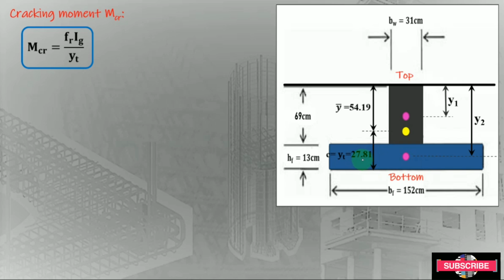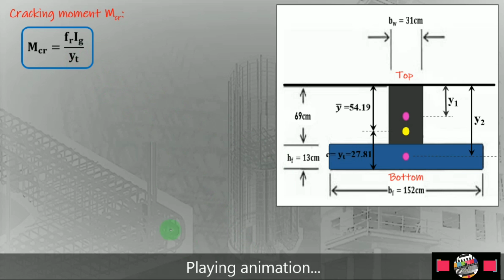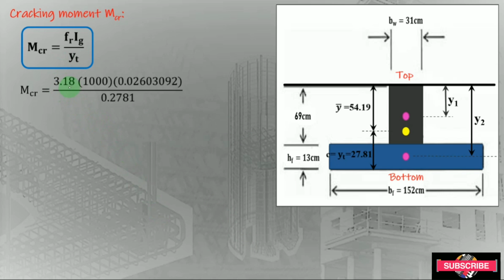That is why we use 27.81 for our Y subscript T. Then substituting the calculated FR, which is 3.18 megapascal, and we need to multiply this by 1000 to make it into kilopascal, times your gross moment of inertia, which is 0.0260392 m to the fourth, all over this C or Y sub T equal to 27.81.